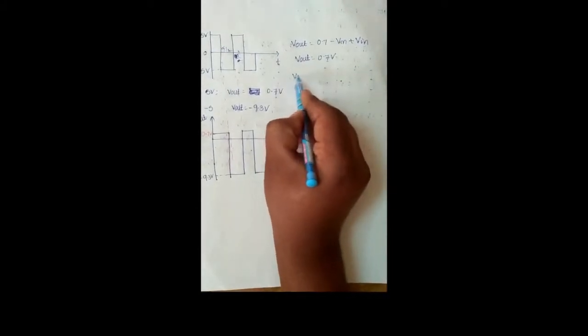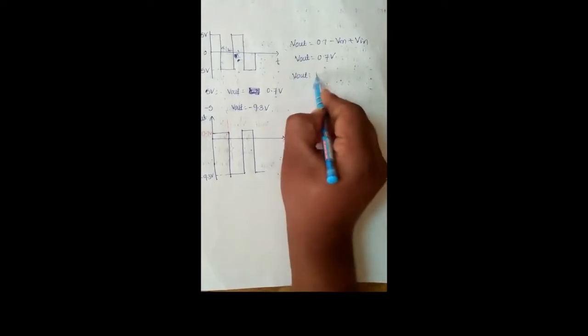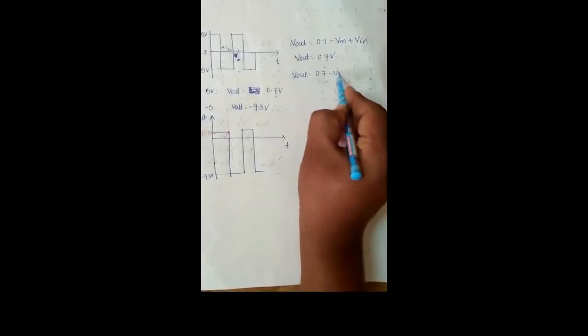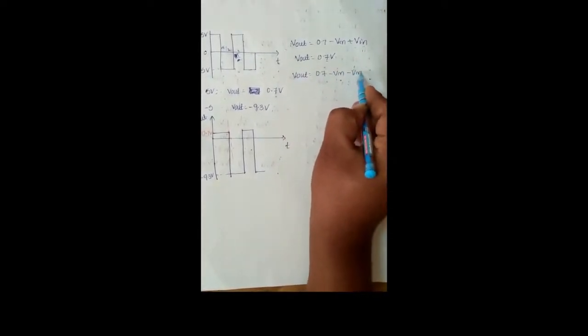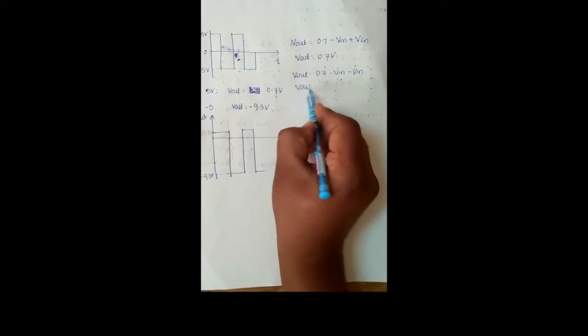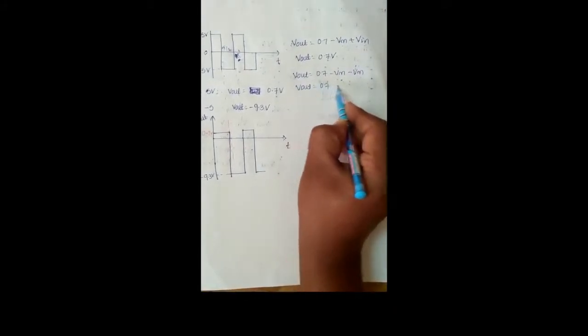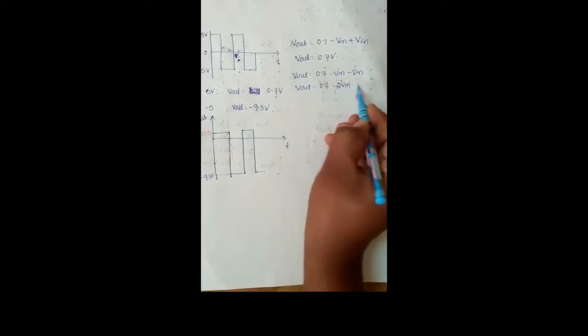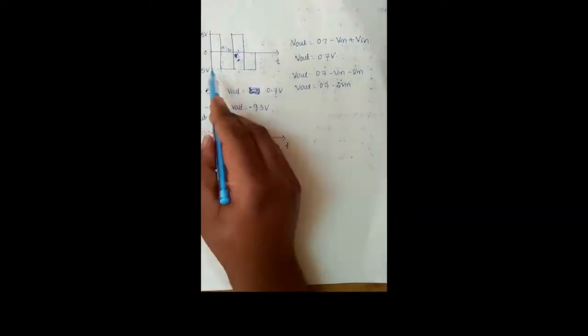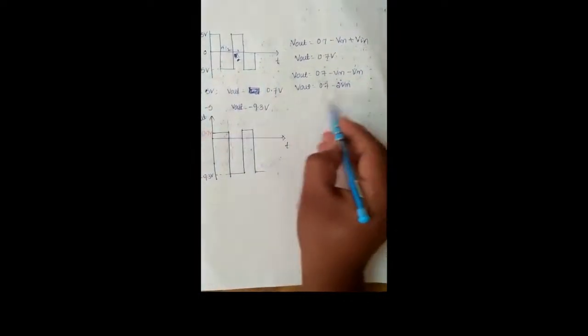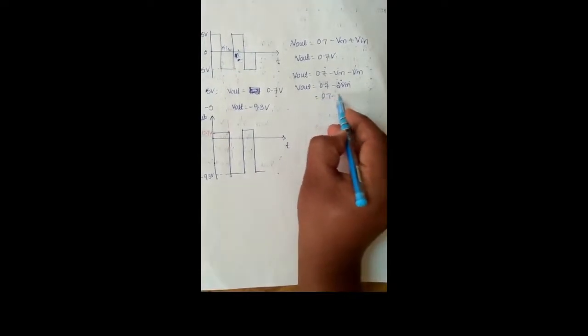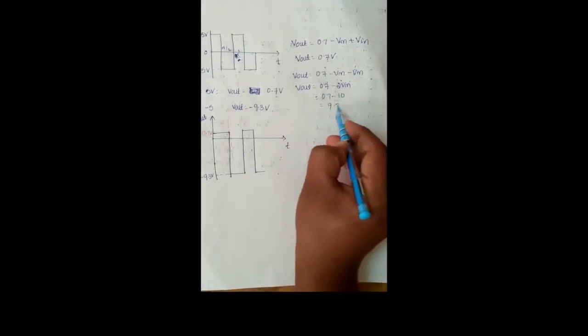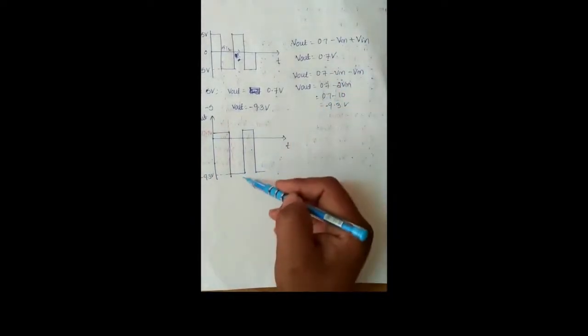Similarly, during the negative half cycle the input voltage is minus Vm, so Vout equals 0.7 minus 2 times Vm. In this input signal Vm equals 5 volts, so we get 0.7 minus 10, which is minus 9.3 volts. With respect to these values we draw the output waveform.